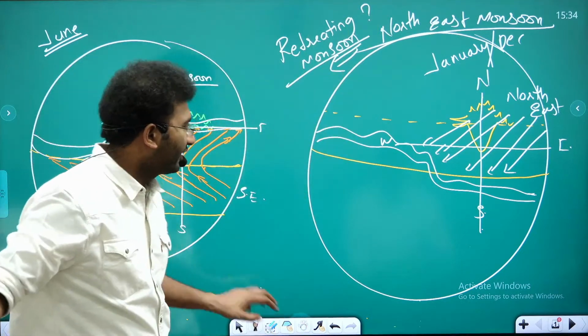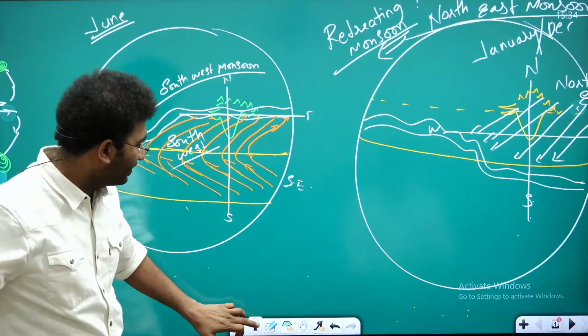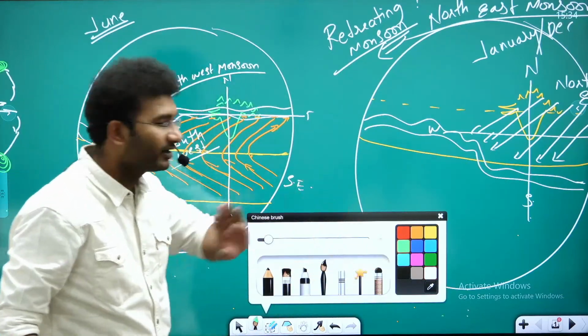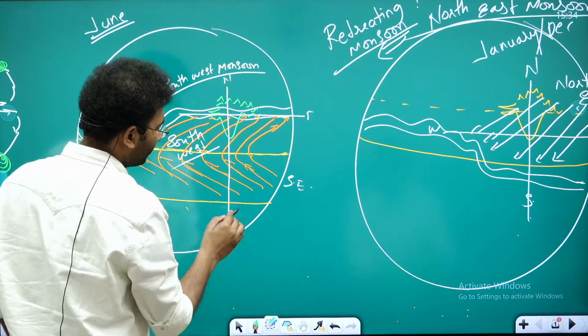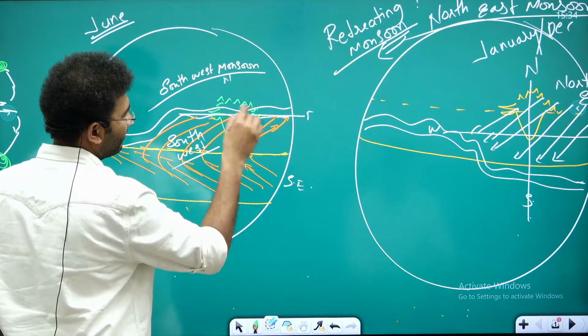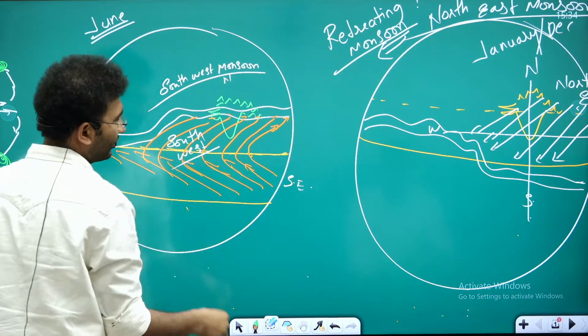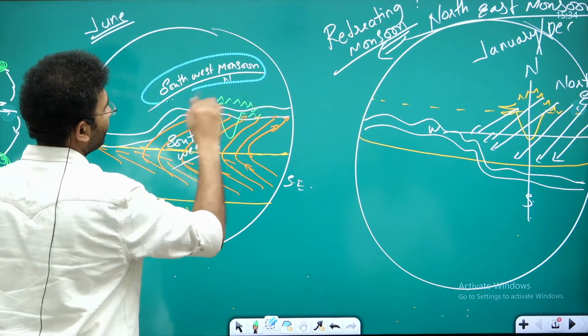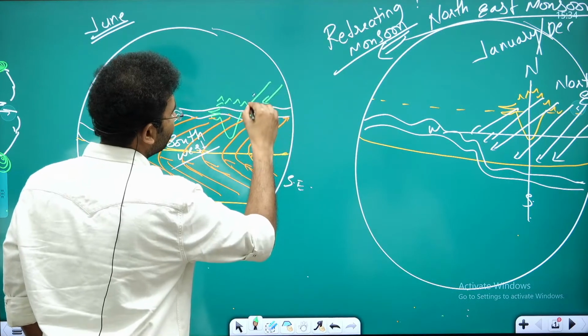Because can you see earlier what is the direction of the winds? Now let me take a different color. Now what are the winds which are present north of this ITCZ zone? What kind of winds are present here in the month of June? Aren't they northeasterlies here?